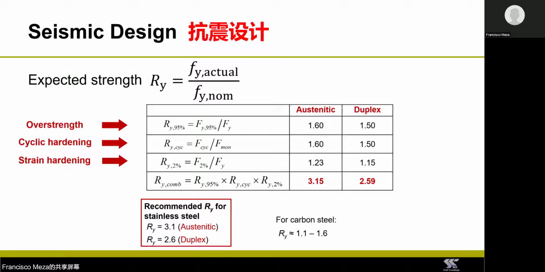Now, if you define the expected strength factor R sub y as the ratio between the actual strength of the material during an earthquake divided by the nominal yield strength, you can estimate the value of the R_y factor for stainless steel by adding the contribution of the overstrength factor, strength hardening factor, and cyclic hardening factors, which is what you can see in this slide. And we have estimated that the expected strength factor R sub y for austenitic stainless steel should be taken as 3.1, and for duplex stainless steel, it should be taken as 2.6.